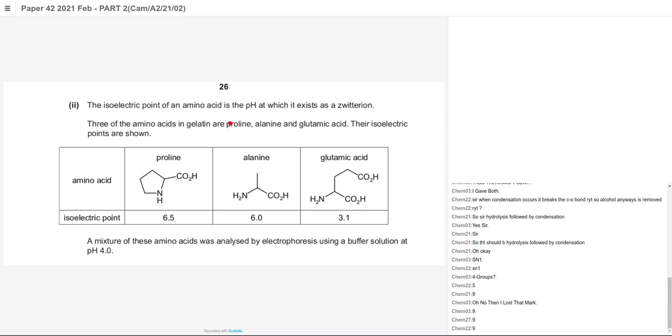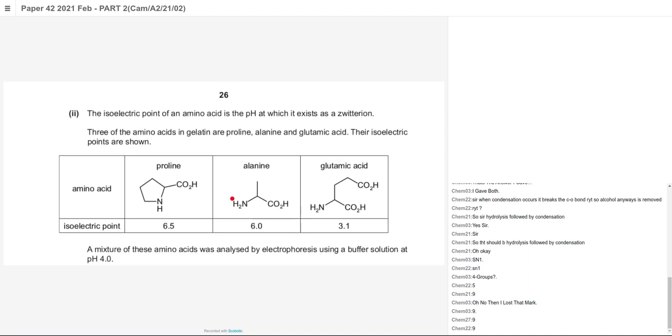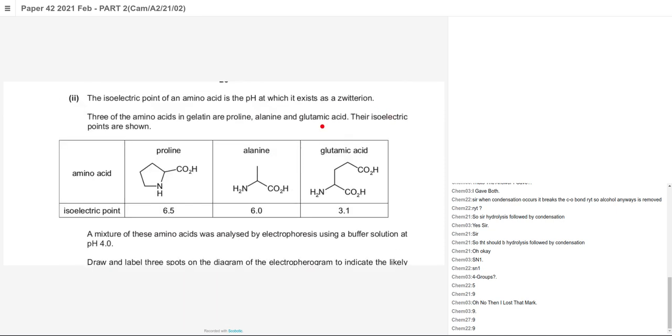The isoelectric point of an amino acid is the pH at which it exists as zwitterion. At these pH values, these amino acids exist as zwitterions. Only at this pH. That is why we maintain buffer solutions. Three of the amino acids in gelatin are proline, cyclic, alanine, glutamic acid, and their isoelectric points are given.